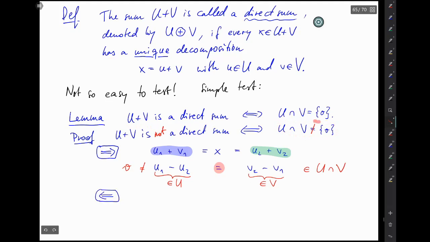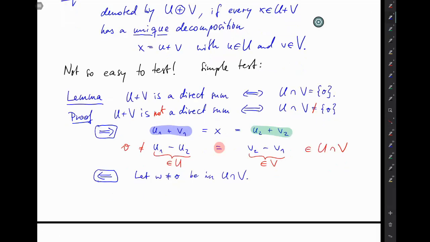So suppose that the intersection of U and V is not just the zero vector, but also contains other vectors. So let little w be a non-zero vector that is in the intersection of U and V. So w is in U, it is also in V, and because U and V are subspaces, also minus w is an element of U, but also of V, so it's also in the intersection.